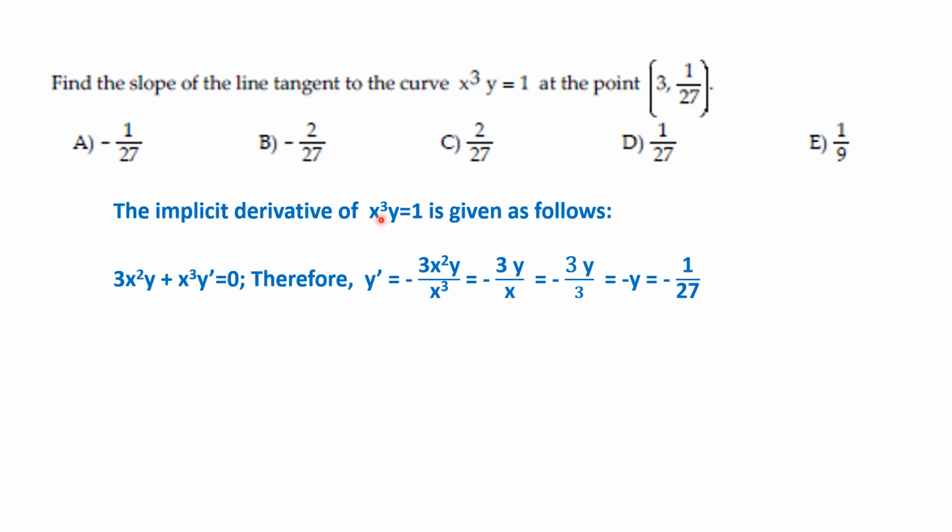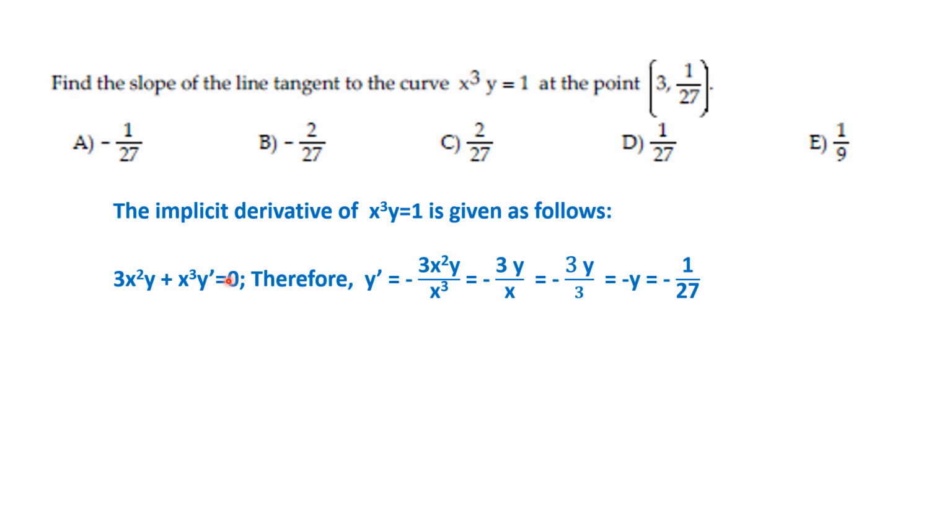First, this is a product rule, so we will differentiate with respect to x, and then we add that to differentiation with respect to y. So differentiation of x cubed will be 3x squared multiplied by y, plus differentiation of y with respect to x will be x cubed multiplied by y prime, equal to 0.